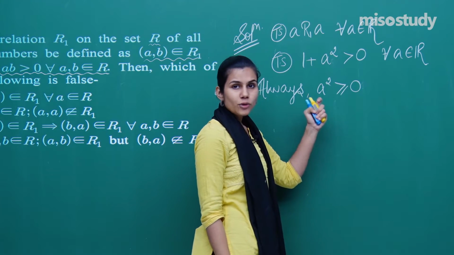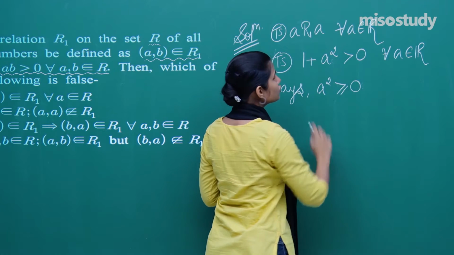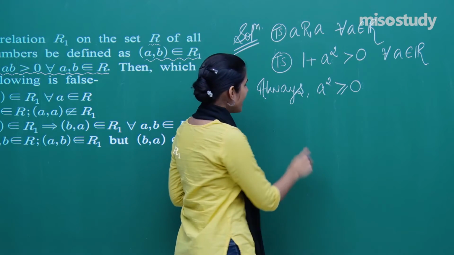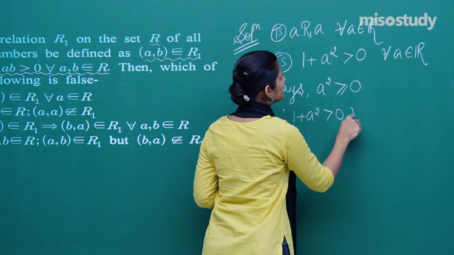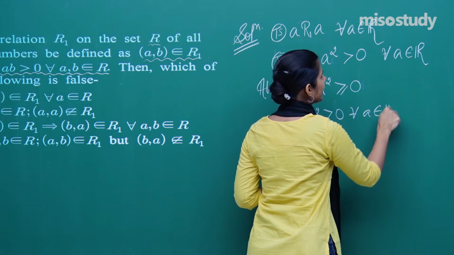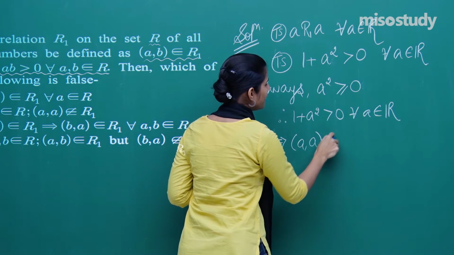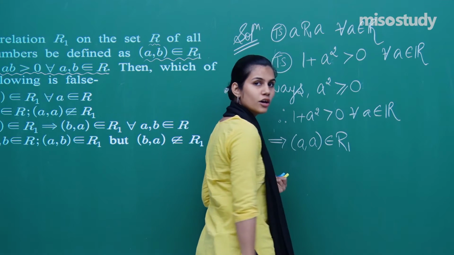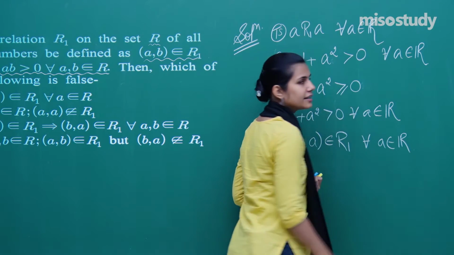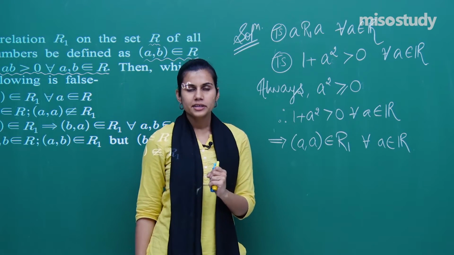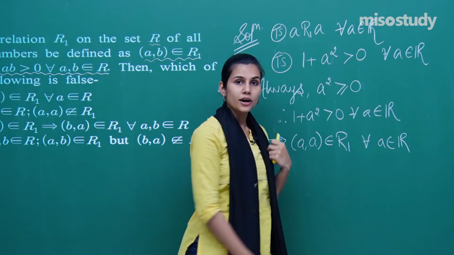So if you add 1 to a non-negative term, you are always going to get a strictly positive term. And therefore 1 plus A square is greater than 0 for all A in R, delivering that (A, A) belongs to R1 for all A in R. That means every real number is related to itself under this very relation R1.